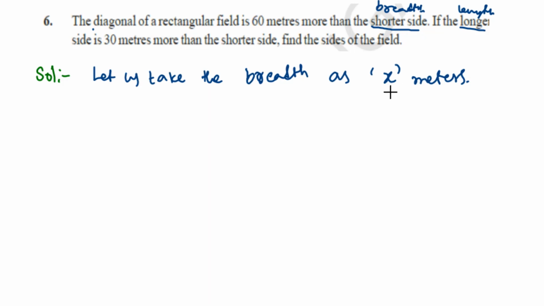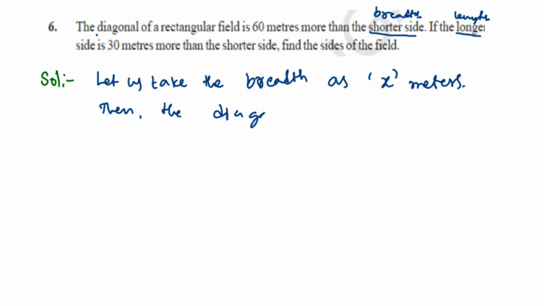Using this variable x, now we can know the values of diagonal of this rectangular field and length of this rectangular field. So here it is given that the diagonal of rectangular field is 60 meters more than the width. So to know the length of the diagonal, we need to add 60 to the length of the breadth.